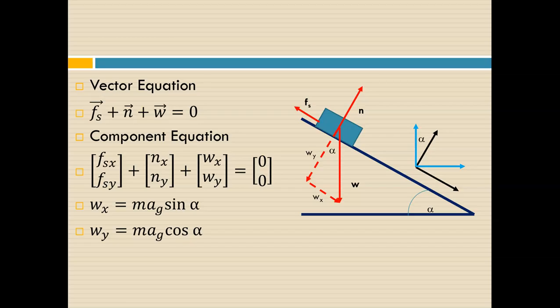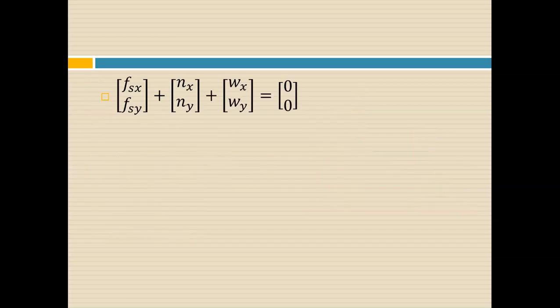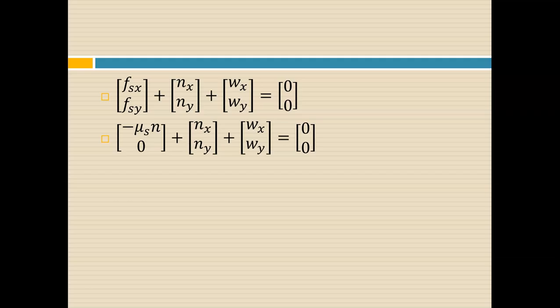All right, where do we go with that? Well, now we have the expressions for each of our components. For F, we replace that with minus mu s times n. That's a minus sign because it's going upslope, and we've said downslope is positive. For our normal force, we replace that with 0 and n.